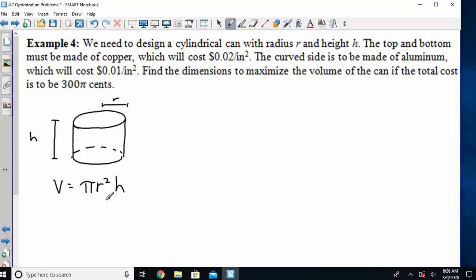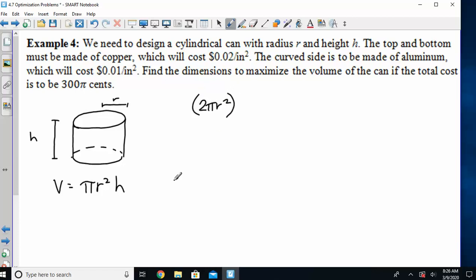The top and bottom are going to cost 2 cents per square inch, so that's based off the area. The area of the top is a circle, so every circle is pi r squared. How many of those do we have? 2. So for the top and bottom, we have 2 pi r squared.